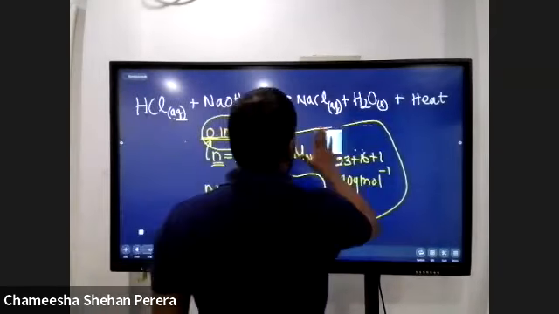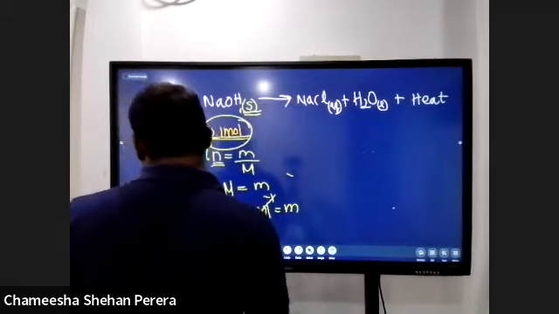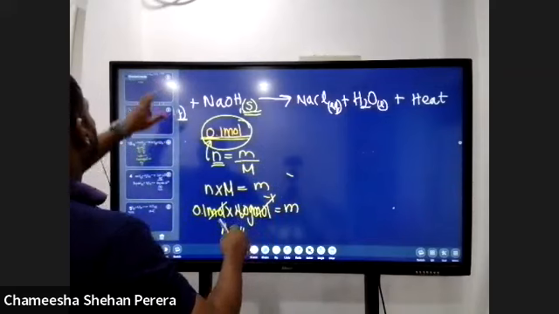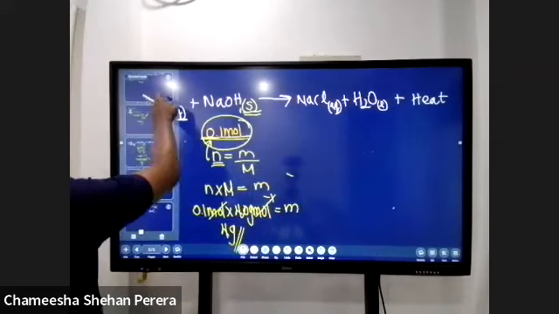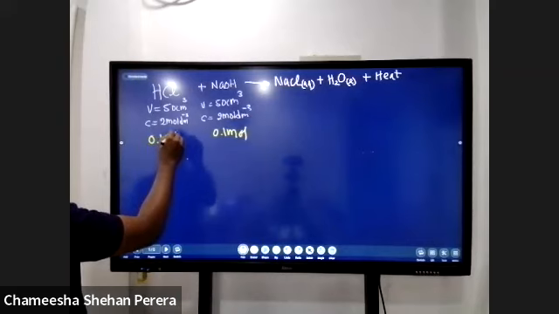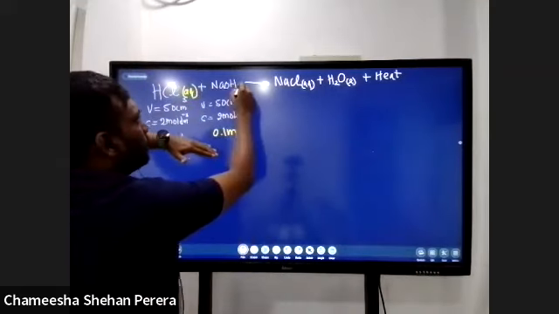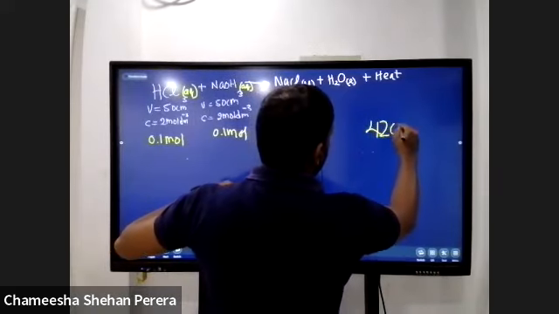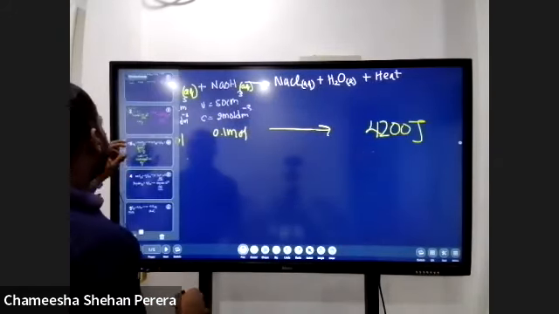What would happen? Then this is how it works. Then the scene is like this. Earlier we saw in the earlier situation, 0.1 moles of aqueous HCl, when reacted with 0.1 moles of aqueous NaOH, 4200 joules of heat was released. Now what do I do in the reaction?